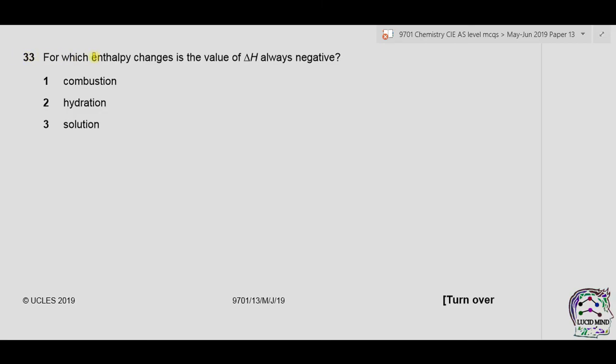Question 33. For which enthalpy changes is the value of delta H always negative? Negative enthalpy change means an exothermic chemical reaction as energy is released. First one is combustion. As we know that energy is always released in combustion, this is an exothermic reaction and delta H will be negative. Second is hydration.